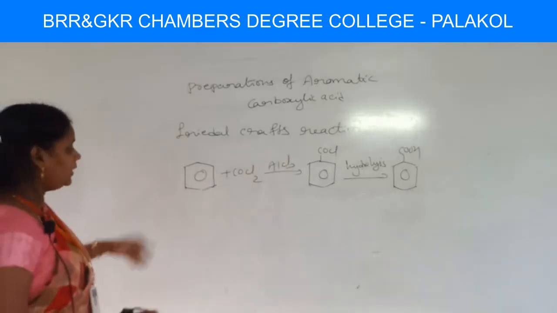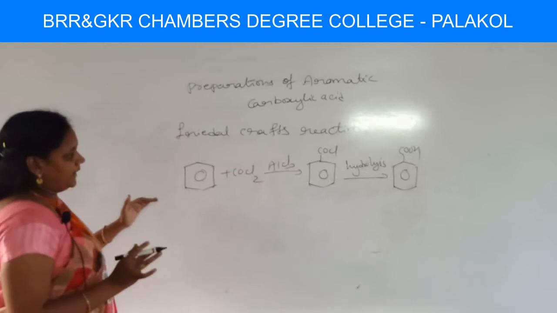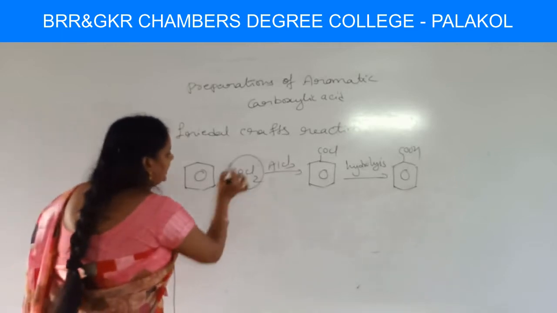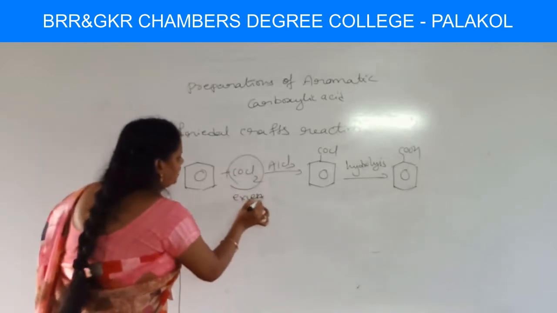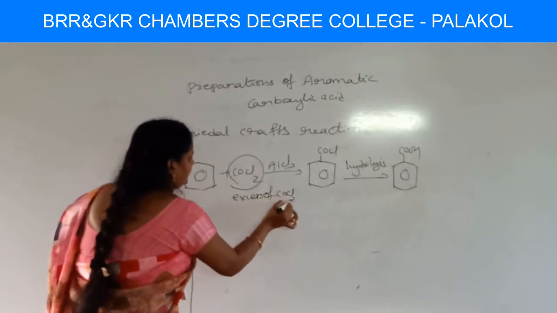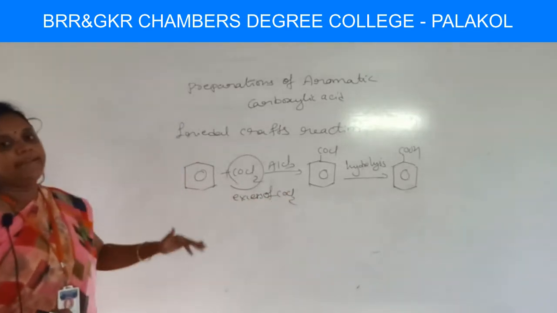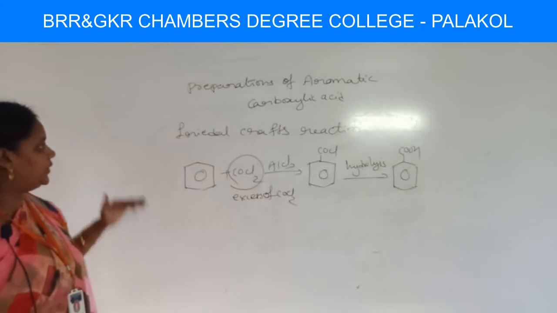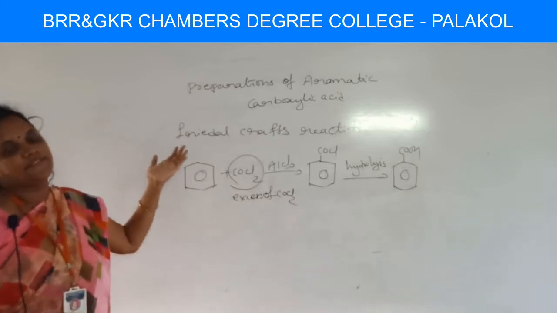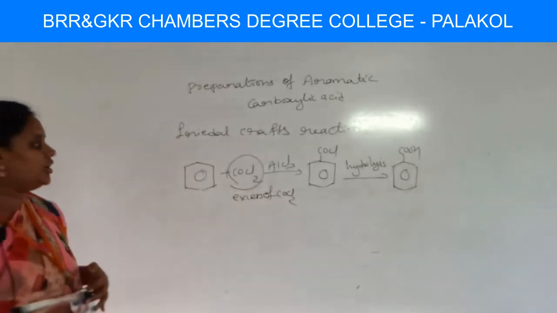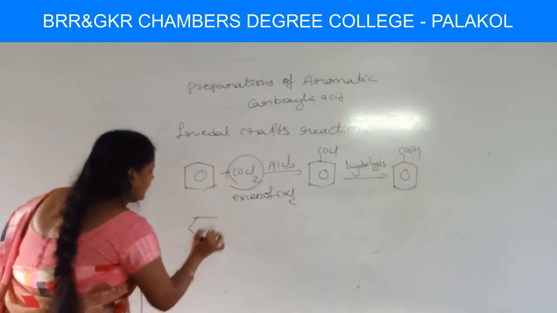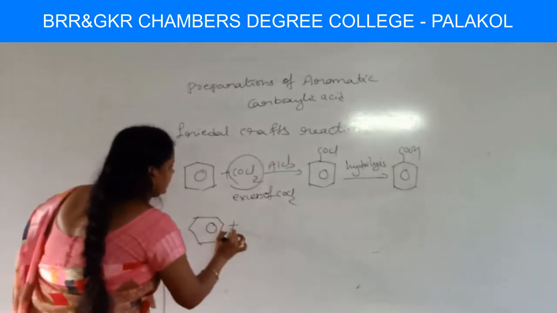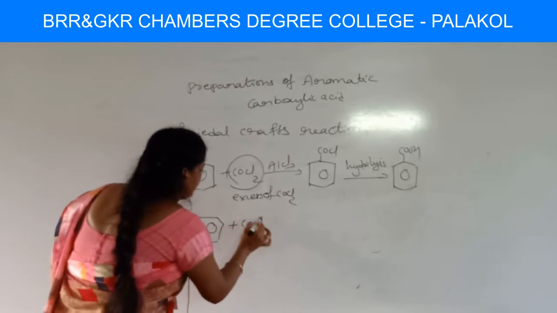Okay, this case is okay, but you have to take excess of COCl2. If you do not take excess of COCl2, in this case of Friedel-Crafts reaction, benzophenone is formed. Benzene ring with COCl2.